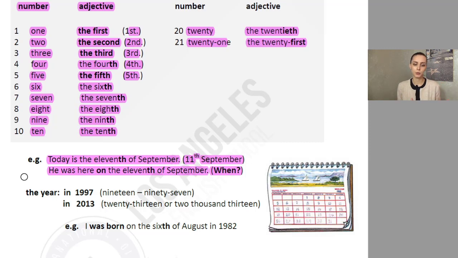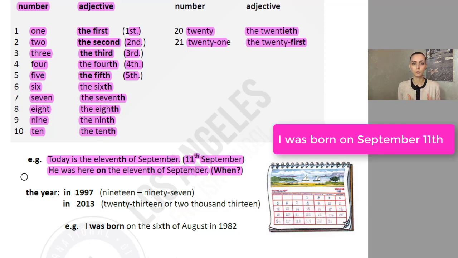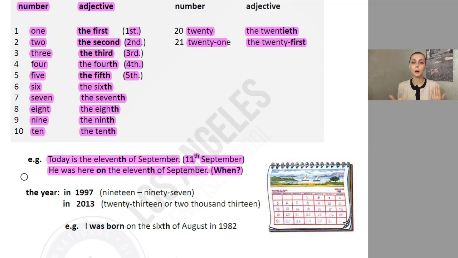Now another option. Instead of saying on the 11th of September, you can say I was born on September 11th. Usually when we say months, we say in September, in December, in November. But when you have a date along with the month, you will use on.